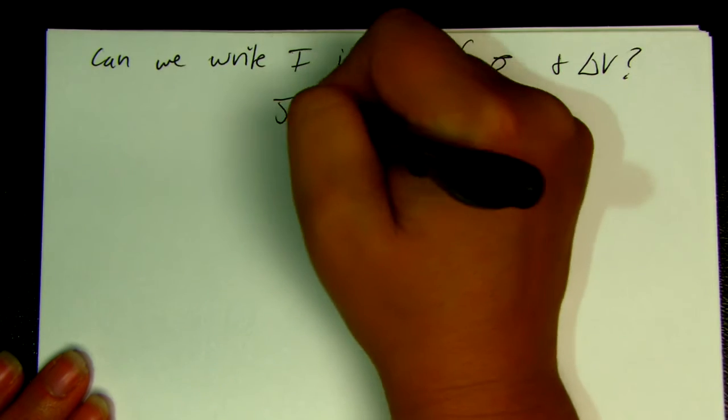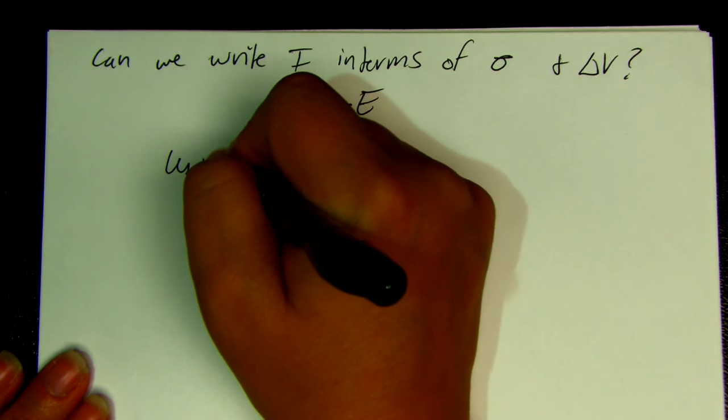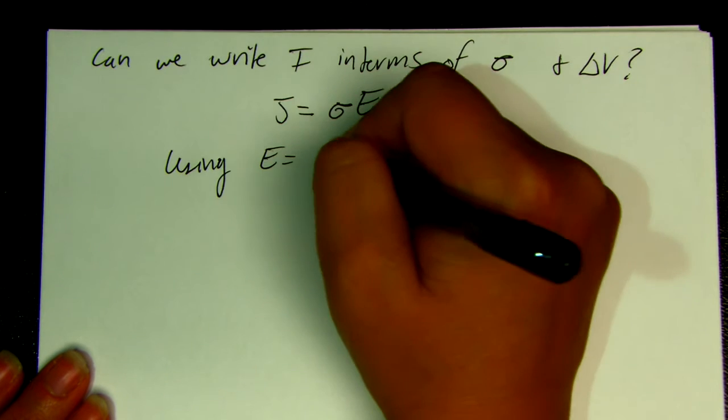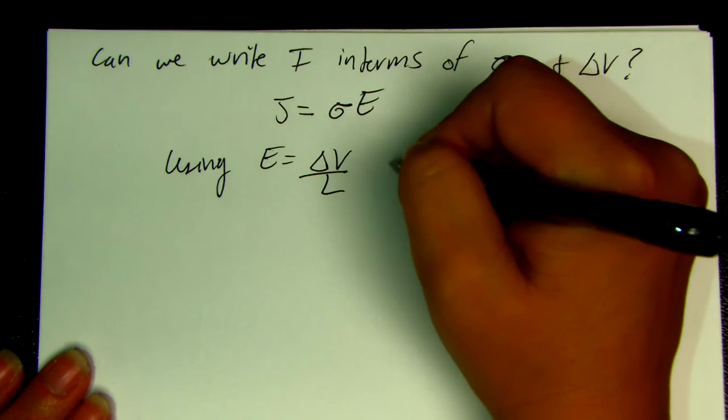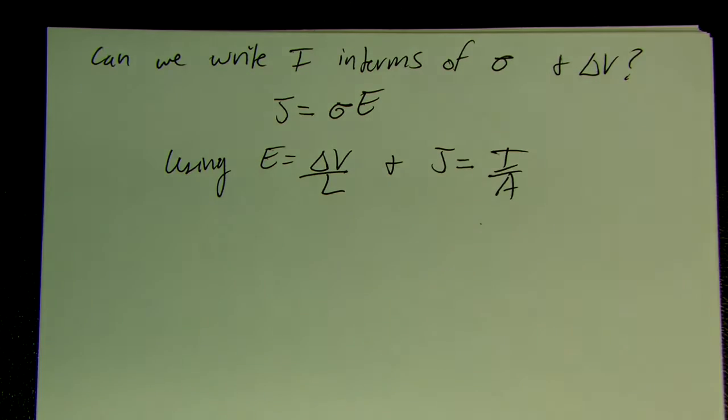Well, current density is sigma times E, and we can use E is equal to delta V over L, and J is equal to I over A.